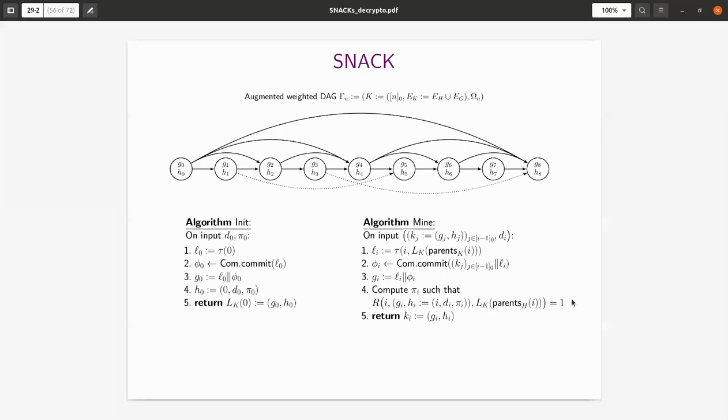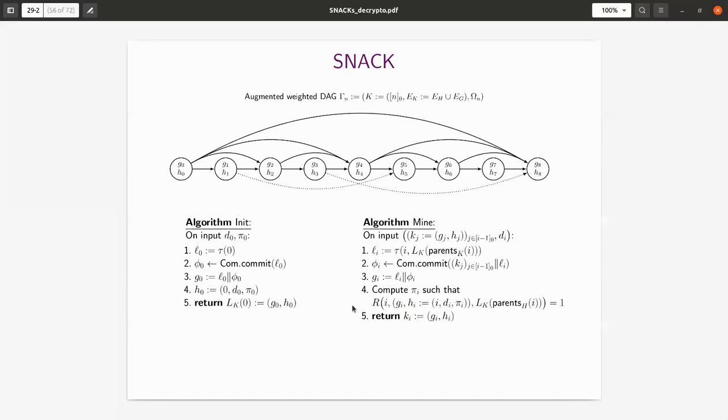And now you do the actual mining part. If we're talking about a proof of work blockchain, you find a valid proof of work that verifies according to this relation. So this relation R will take the G_i that we computed, the proof of sequential work labels, plus some H_i. This is blockchain related stuff where D_i is the set of the data, including the transactions, and the publicly verifiable proof, in this case proof of work, and also the labels for the parents in terms of the proof of sequential work.